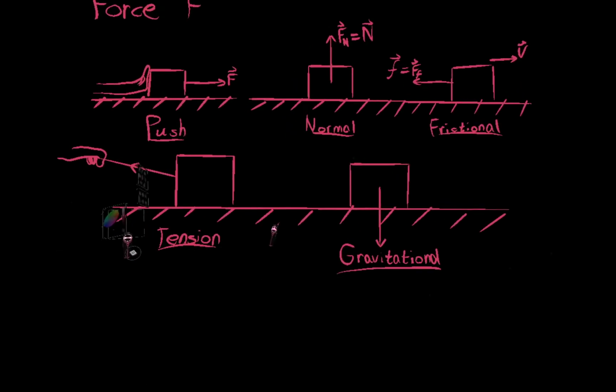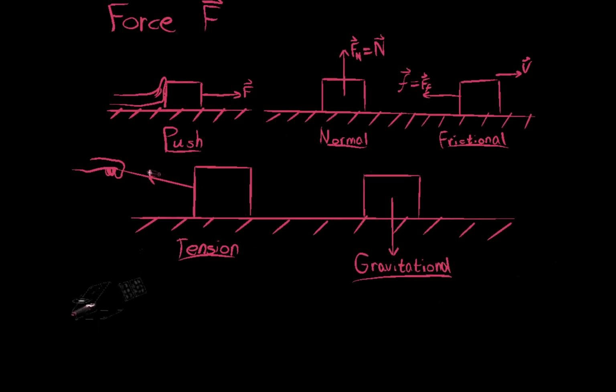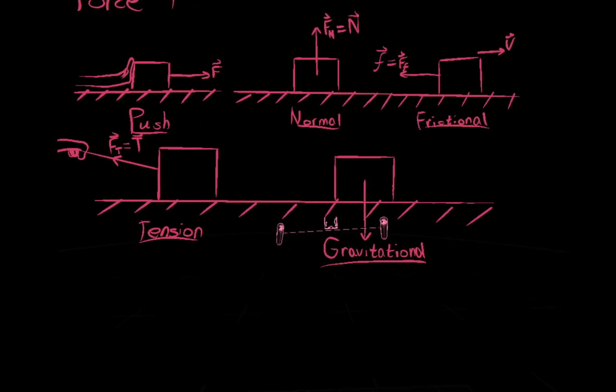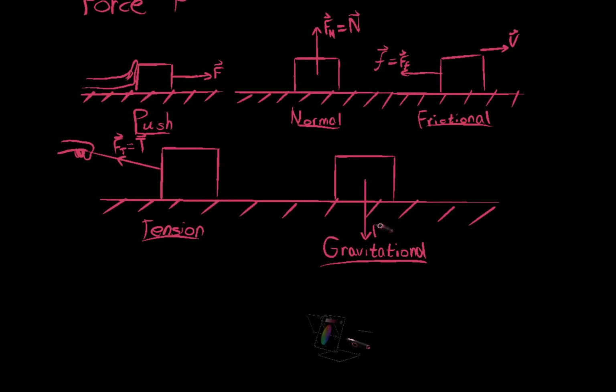For tension, F with a big capital T underneath it, or just capital T here. And then for gravitational, you can write Fg, or you can write weight, I guess.